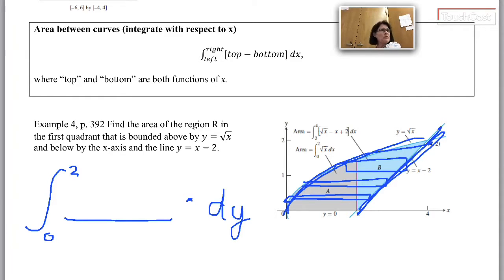Now I have this problem, which is each of these rectangles is really so skinny that essentially it's a horizontal line segment. So ask yourself, what math would you do to find the length of that horizontal line segment? Well, the y coordinates are the same.